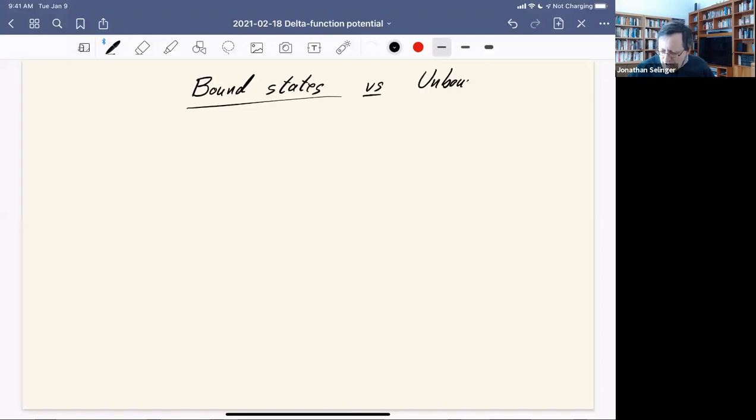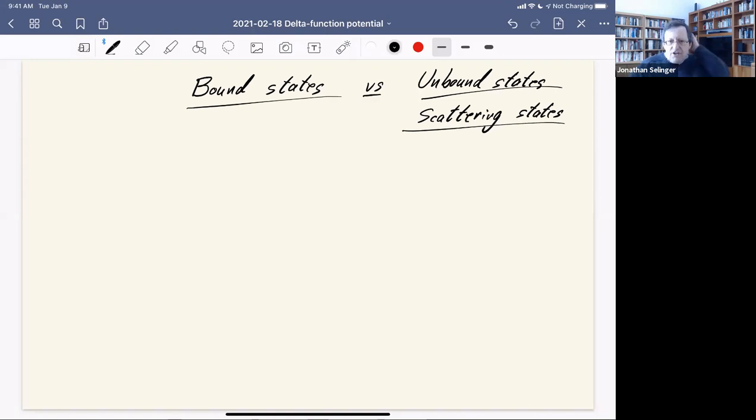That's not a real word. The physics word that people usually use is scattering states. The basic idea is that in a bound state, a particle is stuck somewhere. It's confined in a limited region. And in a scattering state, the particle can go off to infinity.